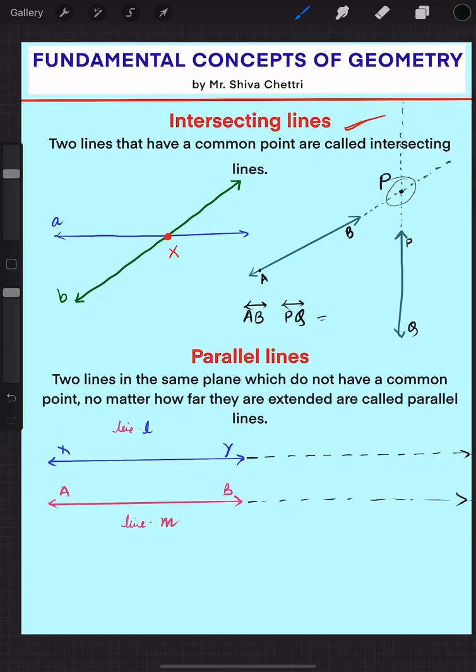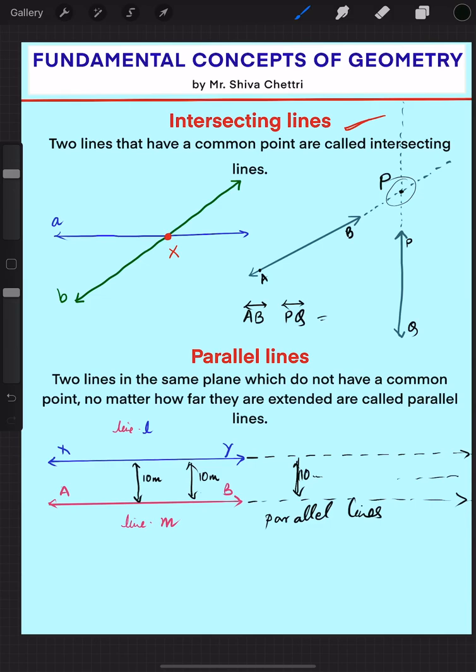This type of lines are called parallel lines, and the distance between them will be equal throughout. Suppose it is 10 meters, this will also be 10 meters, this will also be 10 meters throughout, and it's never going to be 10, 9, 8, 7, 6. No, it will be 10 meters throughout. Such lines are called parallel lines.